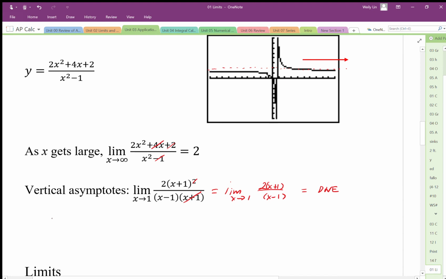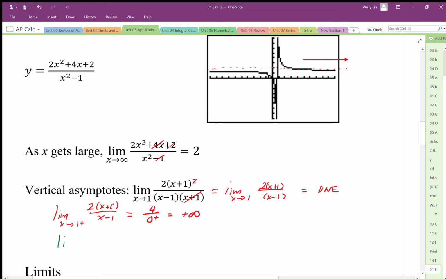The limit as x goes to 1 from the positive side of our f of x, which is 2x plus 1 over x minus 1. From the positive side, we basically end up with 4 over 0 from the positive side, which is equal to positive infinity. So as a one-sided limit, it exists as positive infinity.